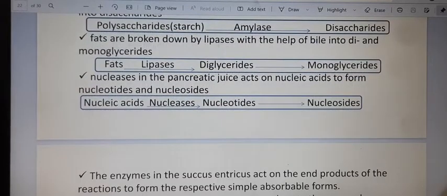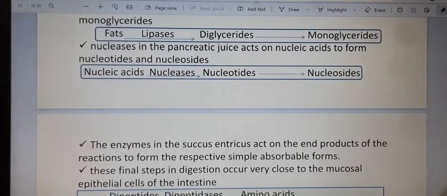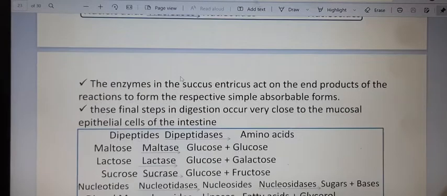Fats are broken down by lipase with the help of bile into di- and monoglycerides. Nucleic acids, by the action of the enzyme nucleases in the pancreatic juice, are acted upon to form nucleotides and nucleosides.